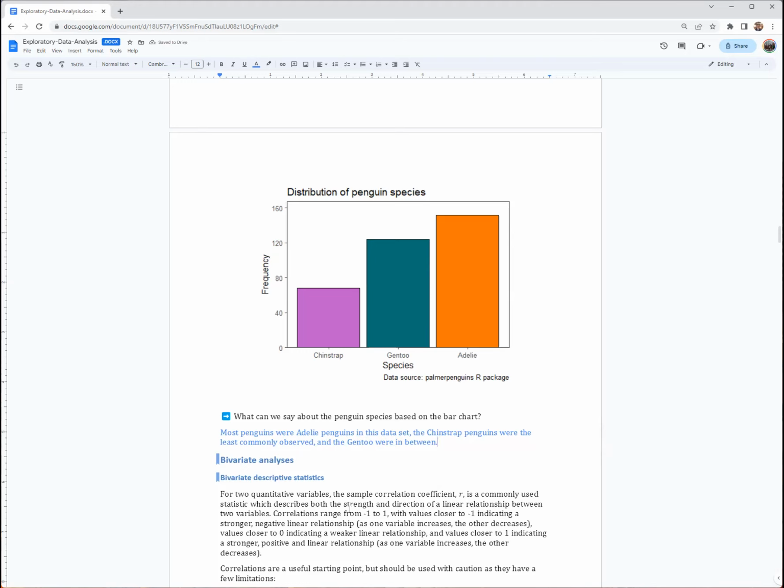So it allows us to quickly see that, especially if we sort the bars based on height. Adelie was most common, chinstrap the least common, and Gentoo in between. So frequency is the same as the count, the number of observations, or in this case, the number of observed penguins.